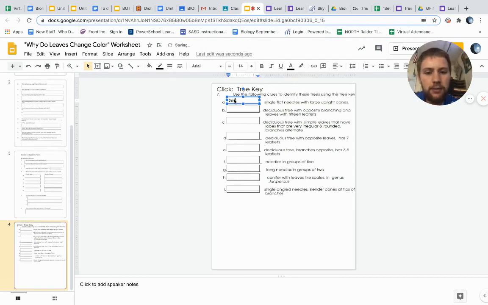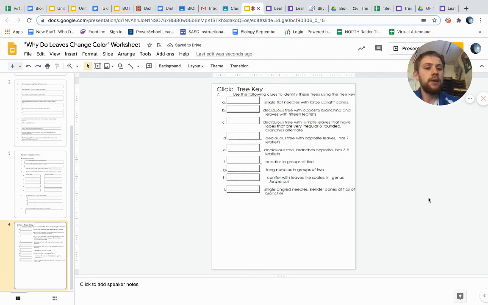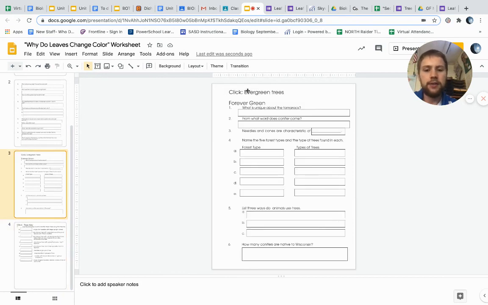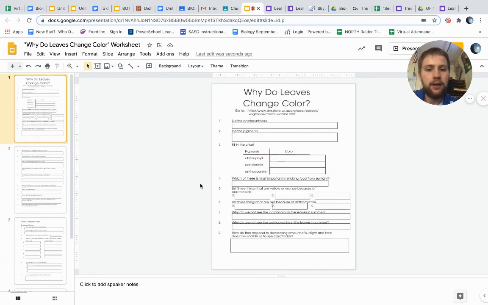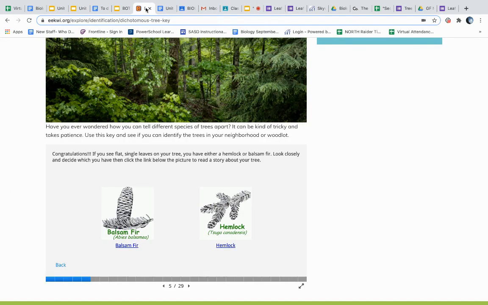So this is how you will do that section. It's a nice dichotomous key that allows you to go through. And this is the process that you would have to do to figure out what trees are what. So that's what you'll do on the last page. You start with evergreen trees. You answer these questions. Then you go through the tree key. And then these other two pages correspond just to the title page of that website.